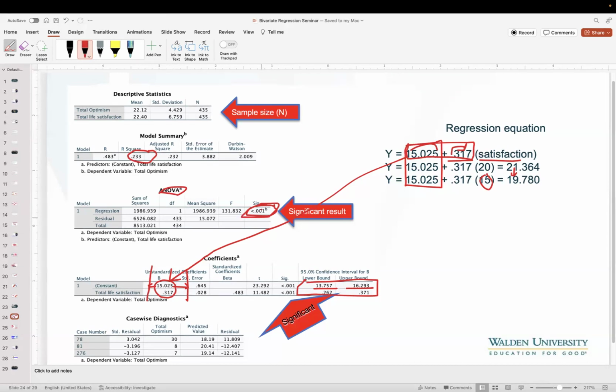Does this make sense to everybody? A little bit more sense now than just looking at something and having no idea what I'm looking at and how to turn this into words and talk about my variables and what I talked about in my literature review and in my introduction and in my problem. Is it a significant predictor? What value does it add in predicting? That's the value that bivariate regression can give you.